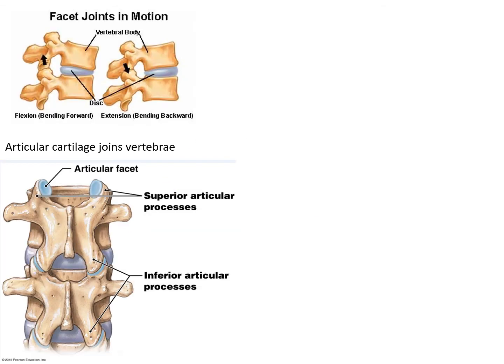Let's see how these articular facets actually come together. What we can see here is a spine that is both bending forward, flexing, and bending backwards, extending. We can see the intervertebral discs essentially are these big cushions, and they allow a reasonable amount of flexibility between the bodies as well as acting as shock absorbers.